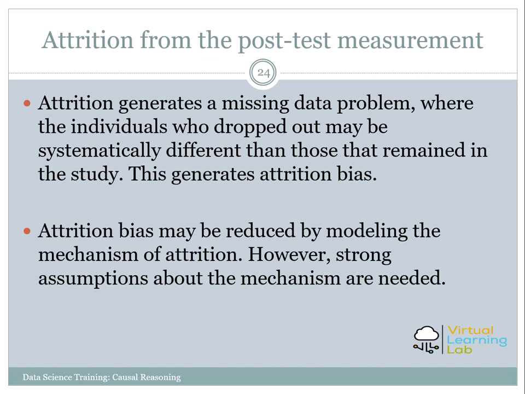Now, this can be reduced if you can model the mechanism for attrition. For example, if individuals with low ability are leaving more frequently, and you have a measure of ability and you control for that, you would be controlling for that source of attrition bias.